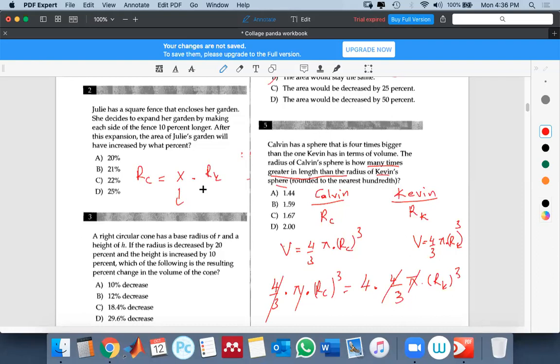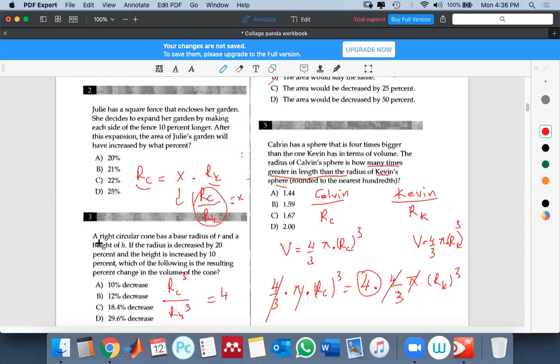It's clear that RC divided by RK is X. So if I divide them, RC cubed divided by RK cubed is equal to 4.